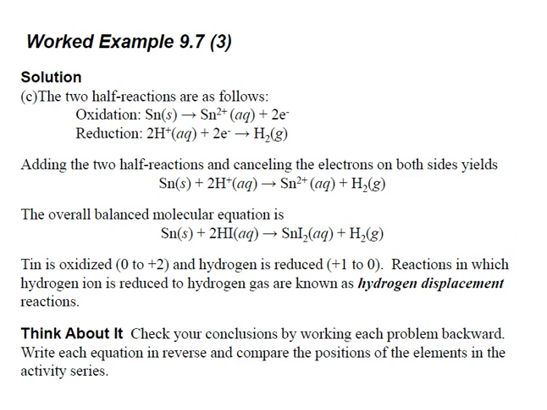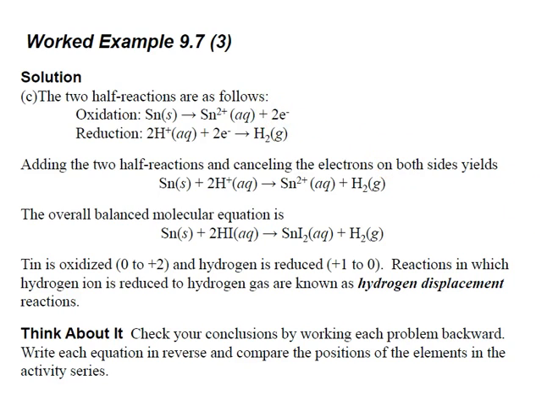Tin is going to be oxidized. It goes from 0 to +2, and the hydrogen is reduced, going from +1 to 0. Notice we did have to have some balancing with the 2, and you can see that here, so that we have 2 electrons on the reactant side and 2 electrons on the product side.